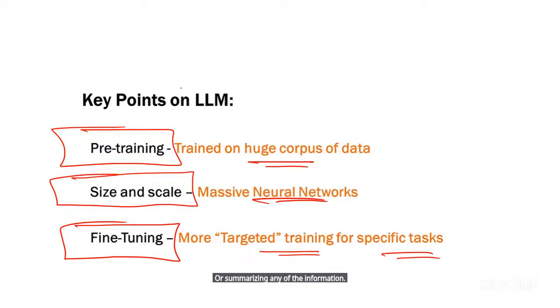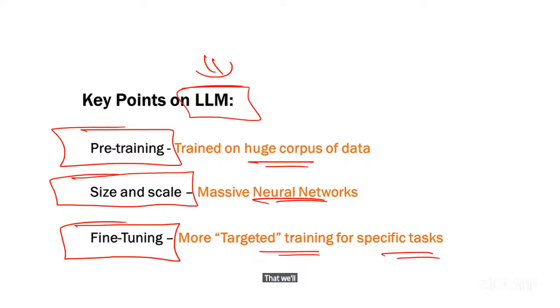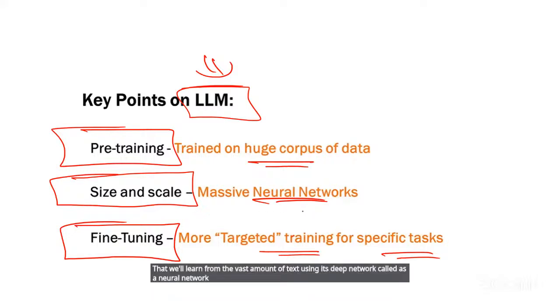So ultimately, when you talk about your LLM, your large language model, these are AI models that learn from a vast amount of text using a deep network called a neural network, where it will understand things. So today, with ChatGPT, Copilot, and Gemini, if someone asks how it is able to understand everything on its own, it is because of the neural network.